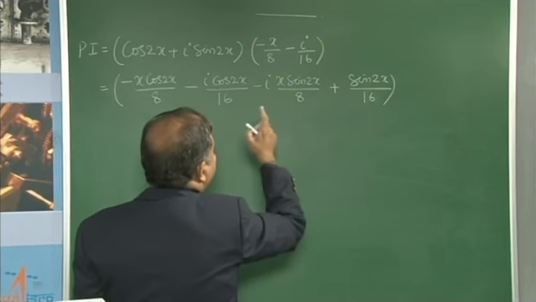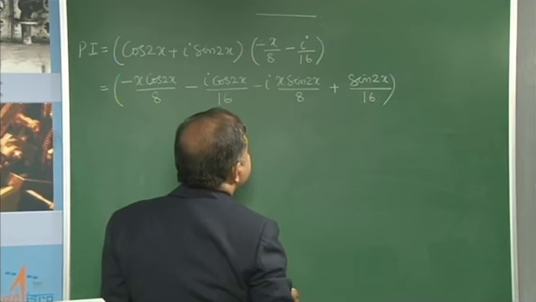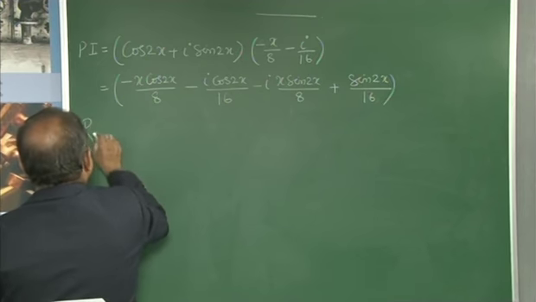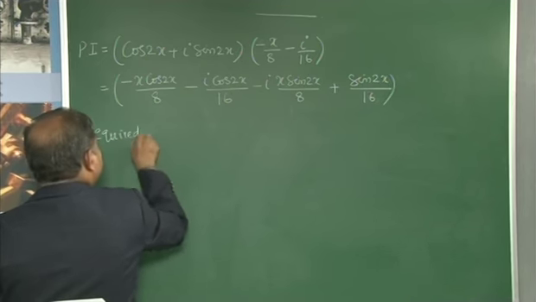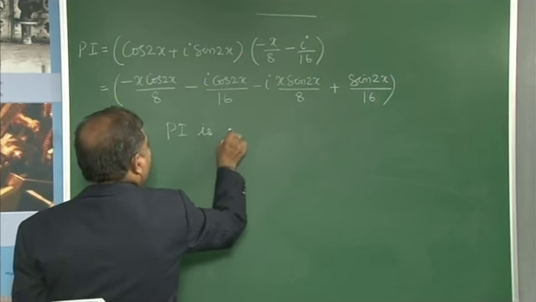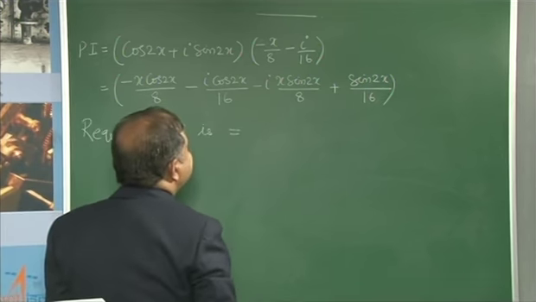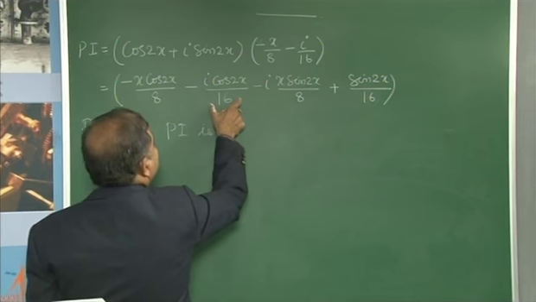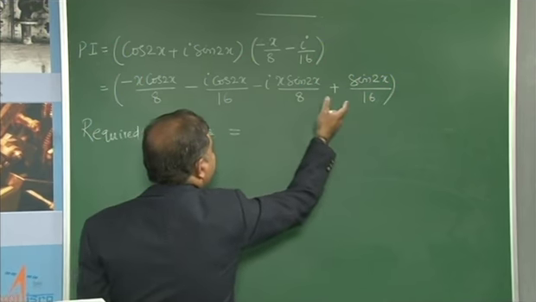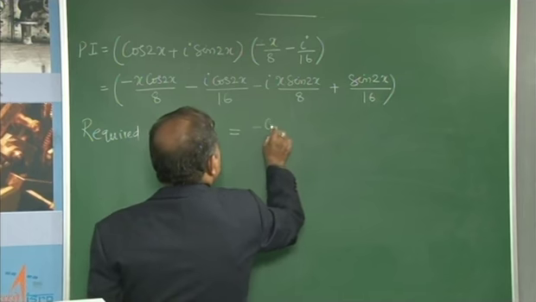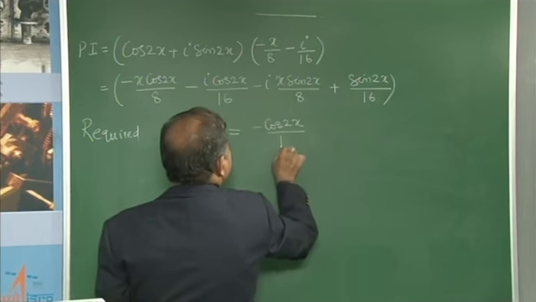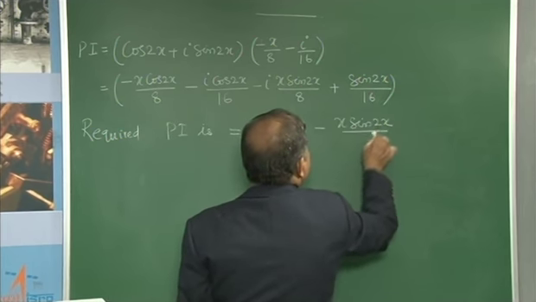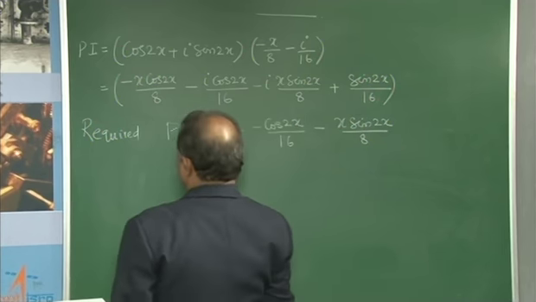Then the particular integral we already got, minus x by 8 minus i by 16. All the terms have been multiplied. So, what is our required PI? I want only the imaginary part. This is not imaginary, no i. This is imaginary, this is imaginary, again it is not. Therefore, minus cos 2x by 16 minus x sin 2x by 8. This is my particular integral.